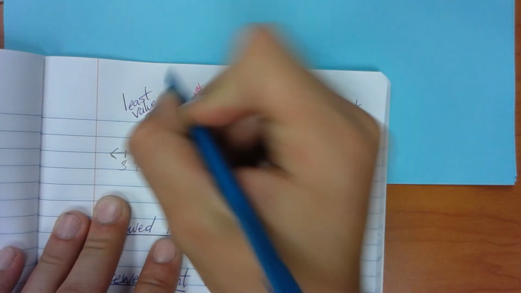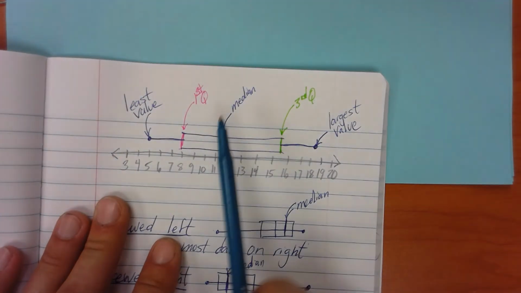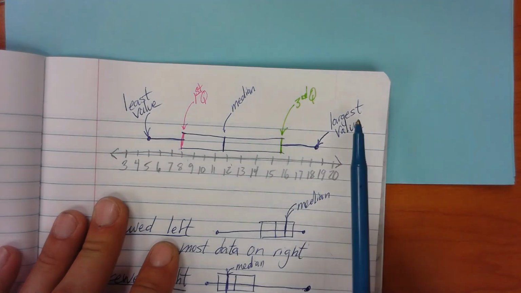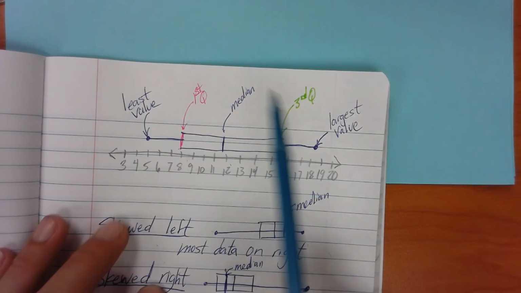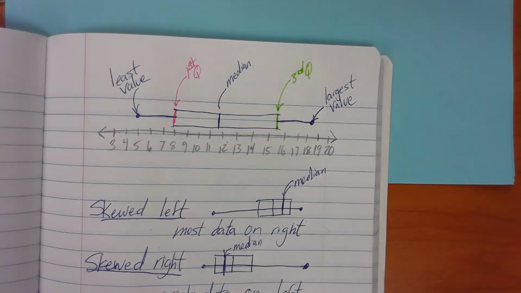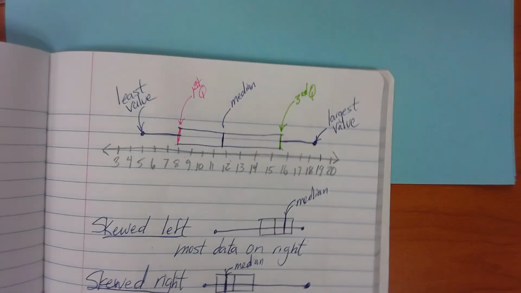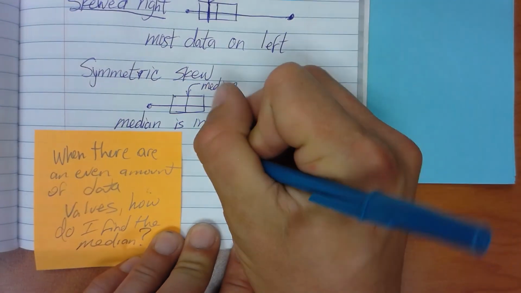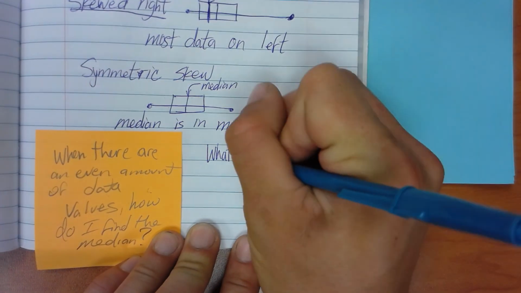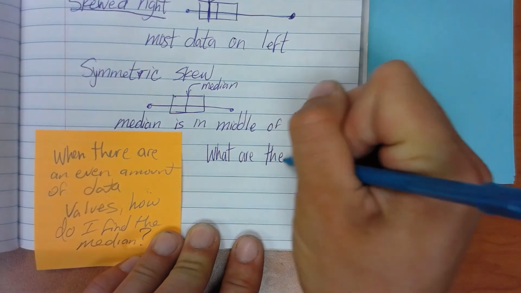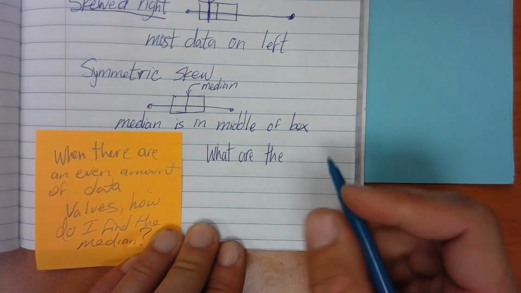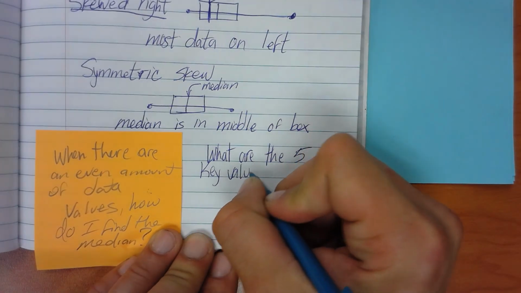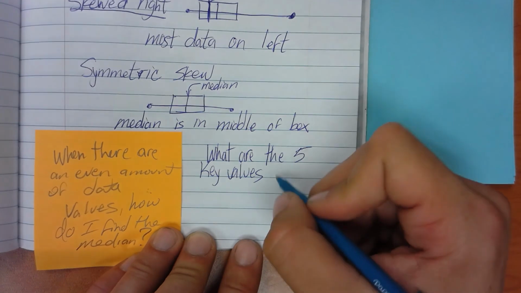So the box and whisker plot will show you the median, the first quartile, third quartile, the largest value or the greatest value, and the least value. So I also want you to answer this question. What are the 5 key values in a box and whisker plot?